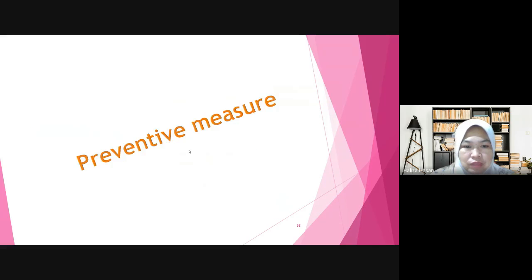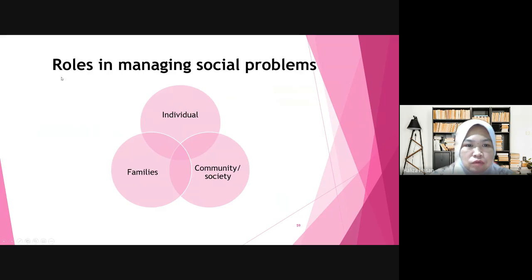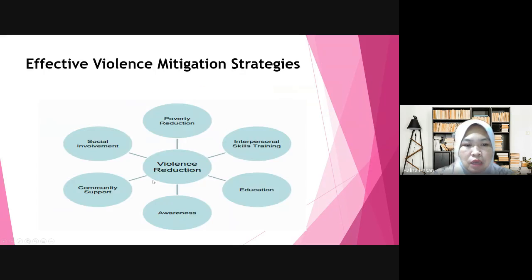So for preventive measures, there are roles in managing the social problems from individuals, community, and family. An effective violence mitigation strategy will reduce violence cases through poverty reduction, interpersonal skill training, increased education, and increased awareness and community support.